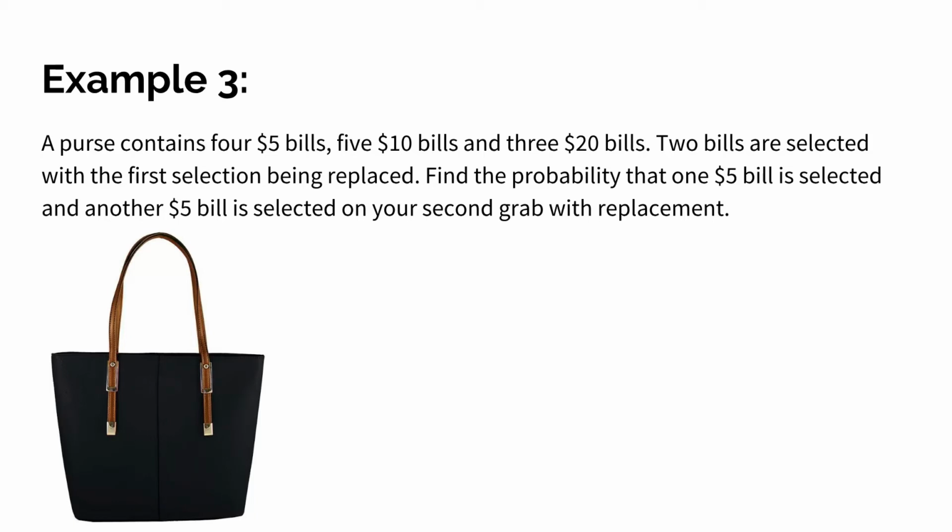This one says a purse contains 4 $5 bills, 5 $10 bills, and 3 $20 bills. 2 bills are selected with the first selection being replaced. Find the probability that one $5 bill is selected and another $5 bill is selected on your second grab with replacement.